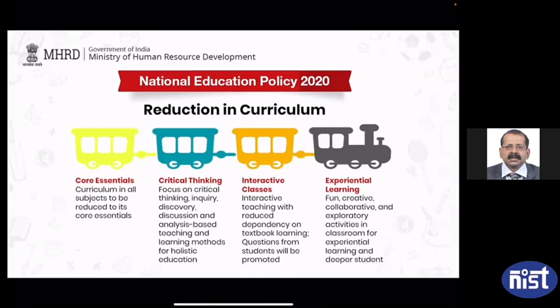This holistic education is something which has been prescribed again and again in the document, where they want people to develop not just rote memory in subjects, but overall development should take place. There's a lot of focus given to interactive classes, with reduced dependency on textbook learning. All concepts to be discussed with the children, and questions from the students will be promoted.